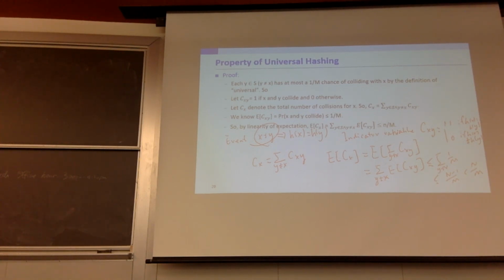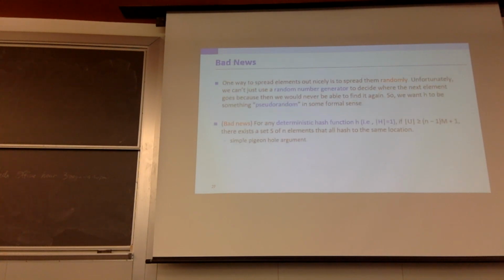If you think about it, if you have just a deterministic hash function, as we talked about before, and you have a universe U whose size is greater than or equal to (n minus 1) times m plus 1, then by the pigeonhole principle, there is at least one set such that you have n collisions.